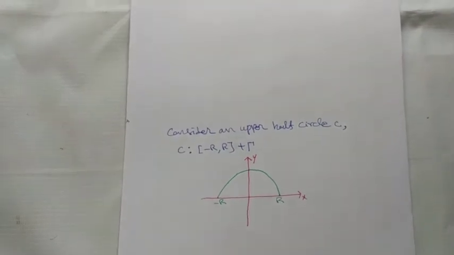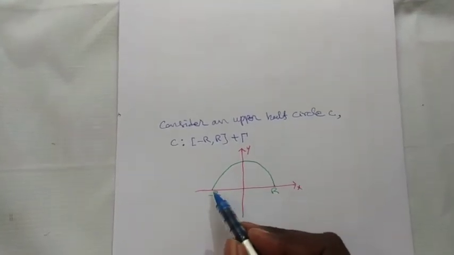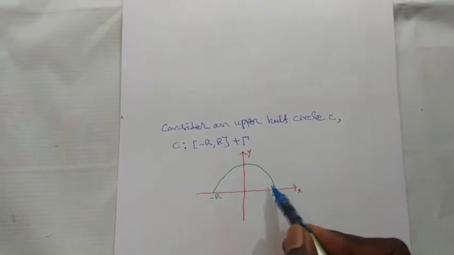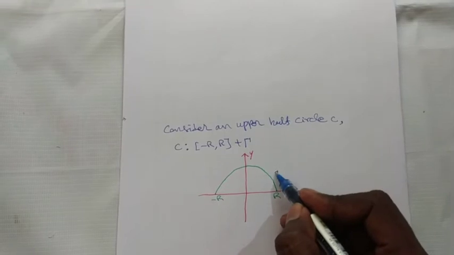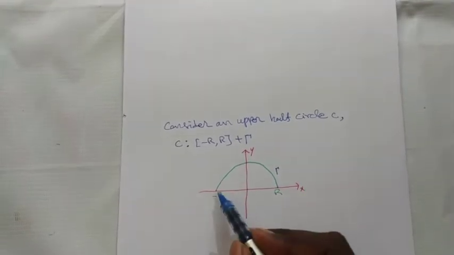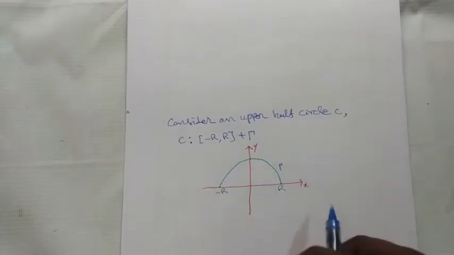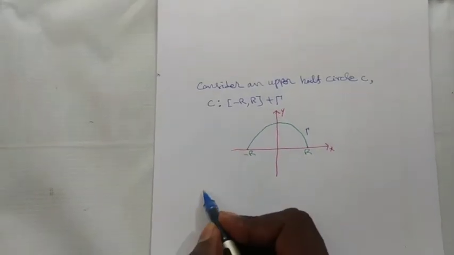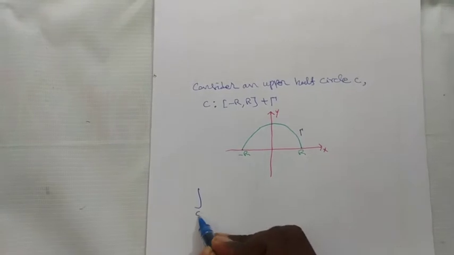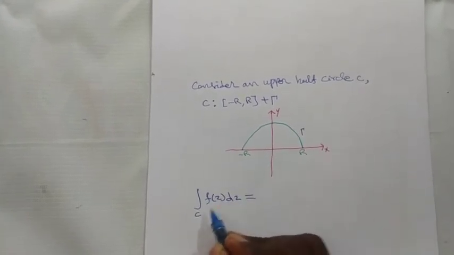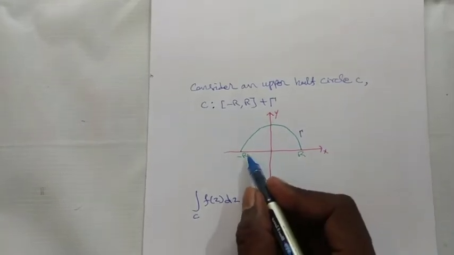So what is C here? C is minus r to plus r plus gamma. The curved region you take as gamma. So from the diagram the integral can be written as integral over C of f of z dz. It represents the entire half circle.